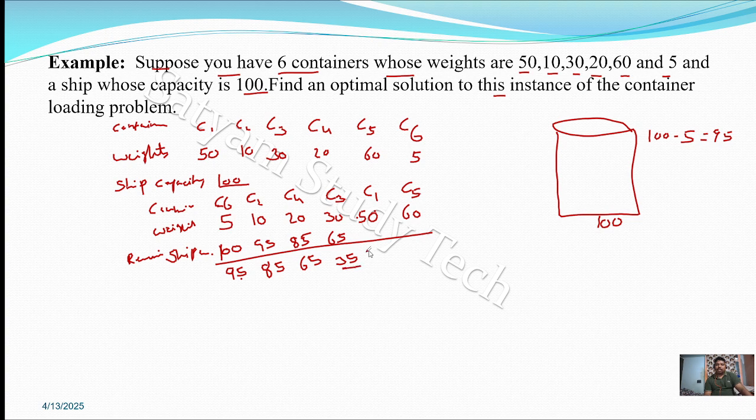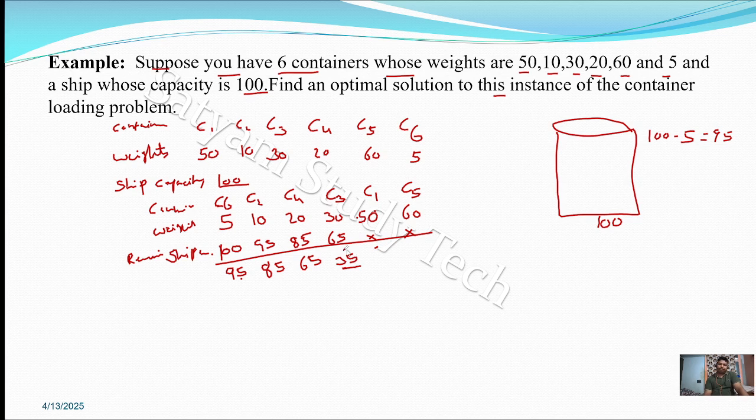So we cannot load that weight into the ship. It is not possible. Also, the weight of container C5 is 60, but the available ship capacity is now 35, so it is also not possible to load it.